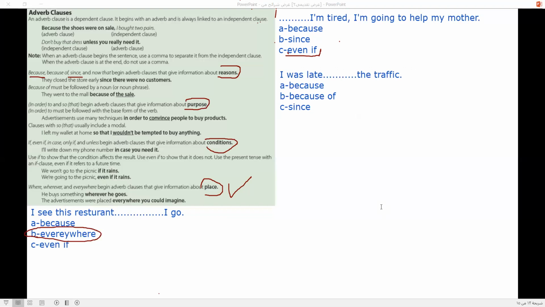The traffic. Because of, or since. There is something we mentioned when we explained the grammar, if you remember. All of them are for giving a reason: because of, since. All of them give a reason, but there is a difference. Very good, Ilaf. What do you think? Very good.